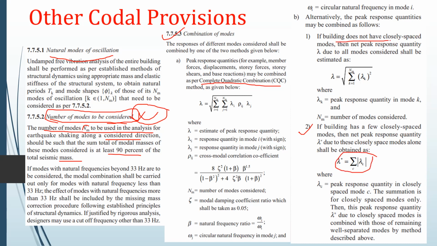If the building does not have closely spaced modes, then we perform the square root of sum of squares, SRSS, method. And the most generally used method is the complete quadratic combination, or CQC, method for the combination of our modal responses. So this is the formula for the CQC method. So these are three methods for the combination of modal responses.